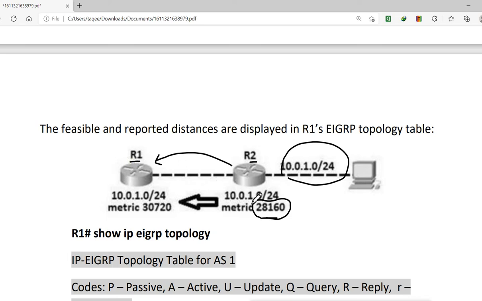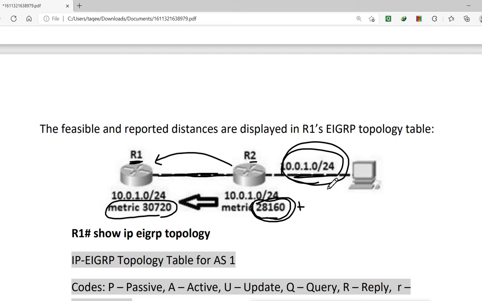Now router 1 calculates the link, and adds it into this reported distance, and then it becomes this. This is the feasible distance for router 1 to reach this network. So that is feasible distance and reported distance.